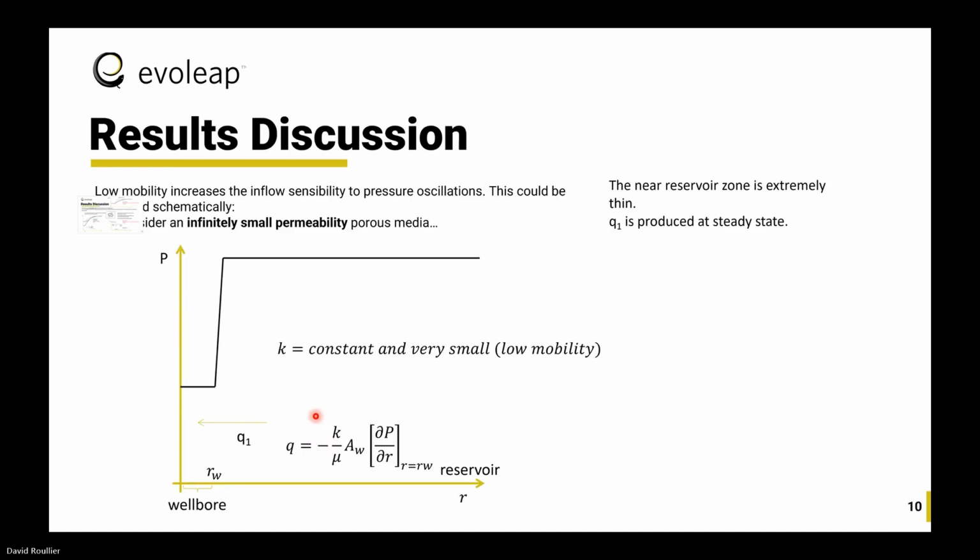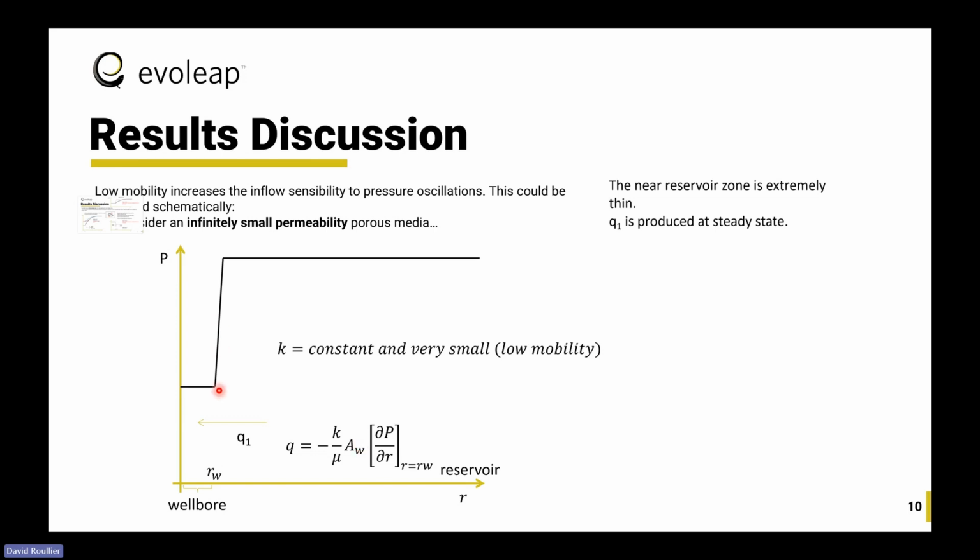Okay, so looking at it, basically low mobility increases the inflow sensitivity. Let's discuss the case where the permeability is very, very low. In that case, the flow rate is just the slope of the pressure gradient times the permeability and the wellbore area.